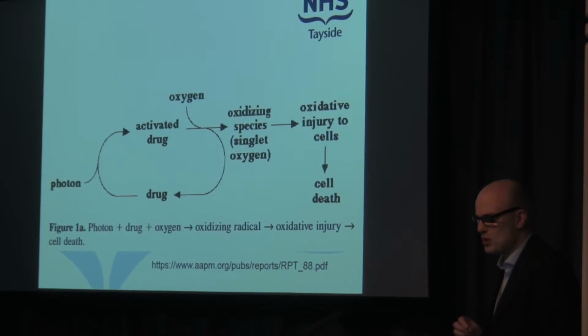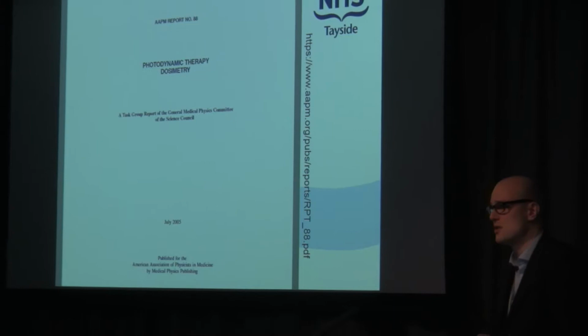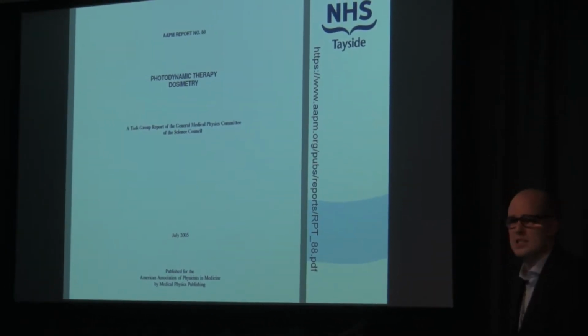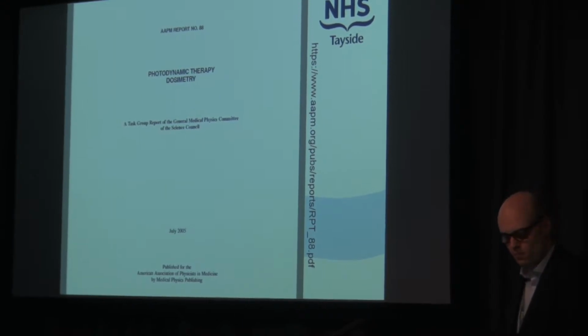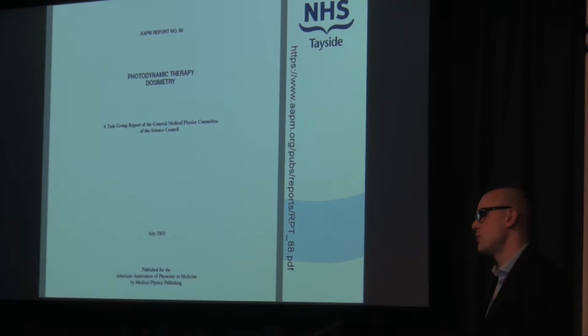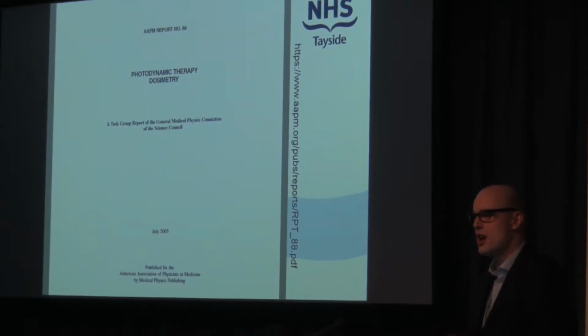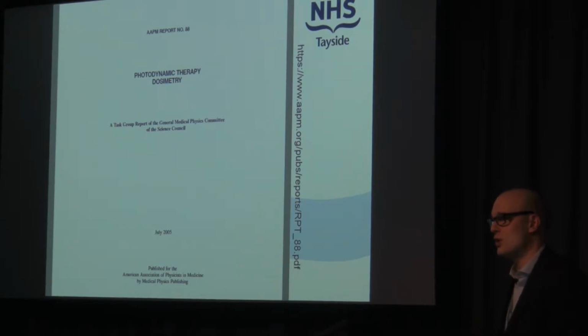And this is the approach that's taken by the American Association of Physicists in Medicine in their report 88 on photodynamic therapy dosimetry. They define the term R threshold, which is the threshold value of oxidizing events that's required to cause cell death.